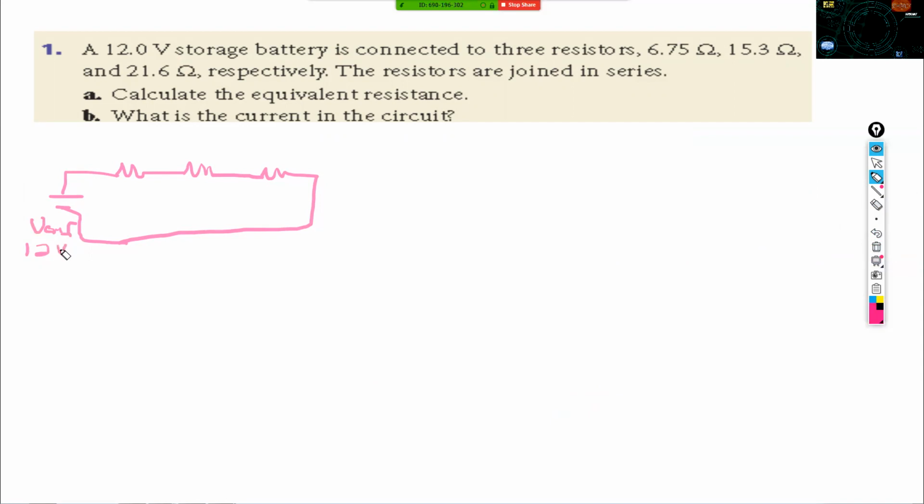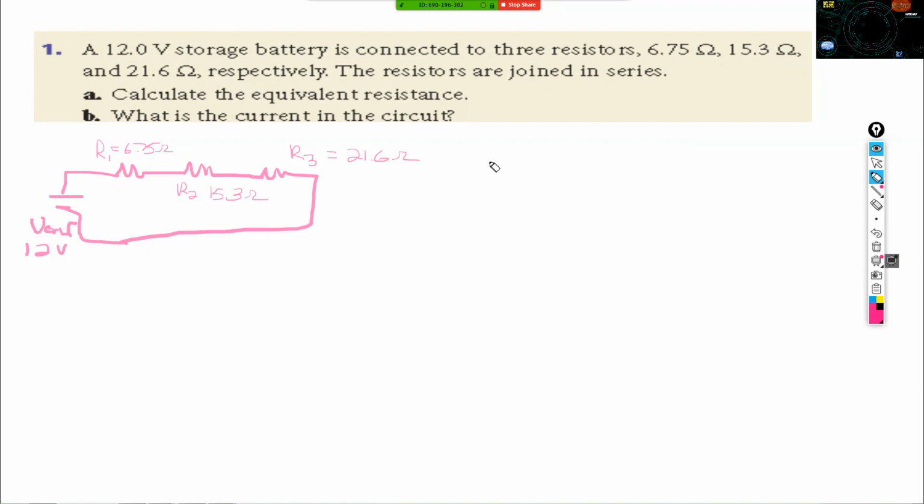So this is my EMF, or my equivalent voltage. I'm going to label this one R1 just to keep them straight. This is going to be 6.75 ohms. This is going to be R2 at 15.3. And R3 is 21.6. Now, it doesn't matter the order. You could have put them in any order. That's not going to affect the circuit at all.